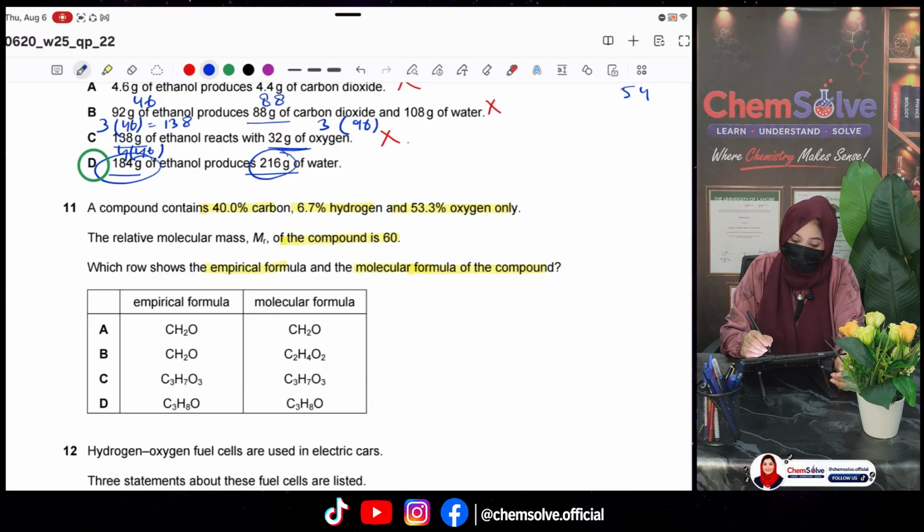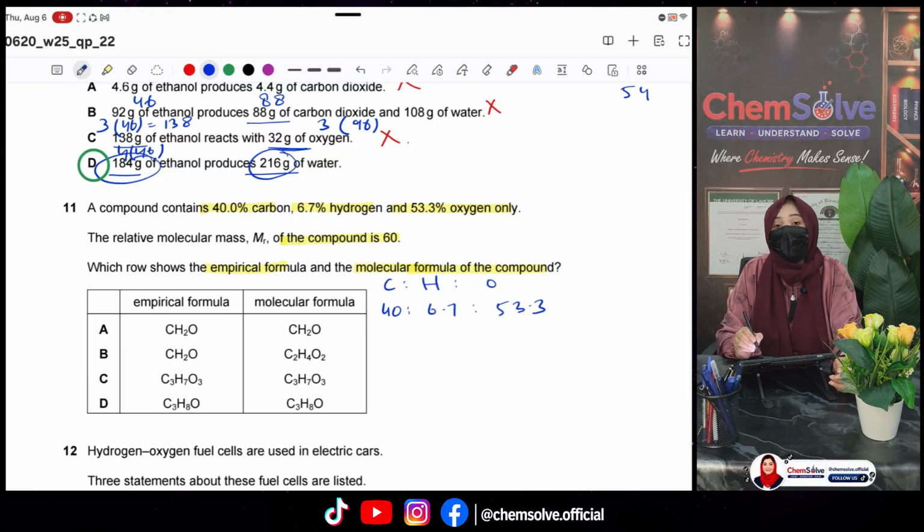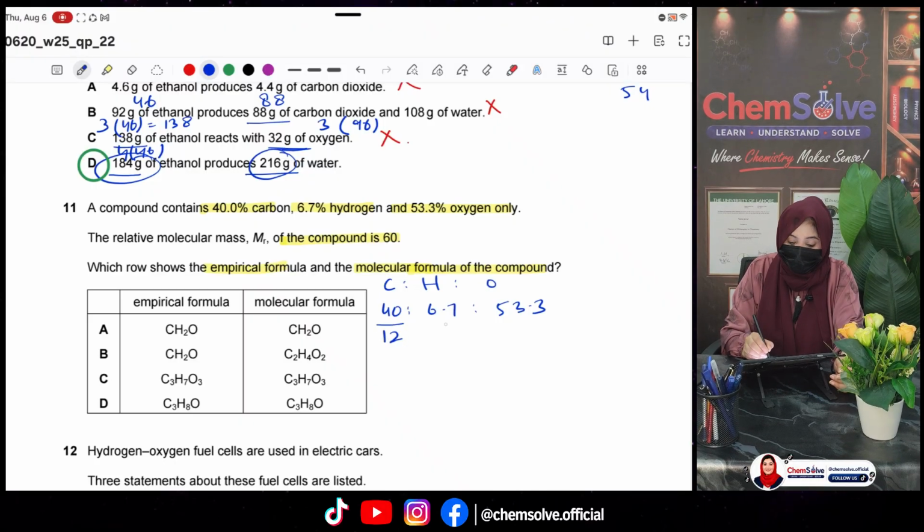First of all, I'm going to calculate the empirical formula. For the empirical formula, we need carbon, hydrogen, and oxygen. Carbon is 40%, hydrogen is 6.7%, oxygen is 53.3%. What is the first step? We have to divide them by their Mr. So I will divide 40 by 12, 6.7 by 1, and 53.3 by 16.